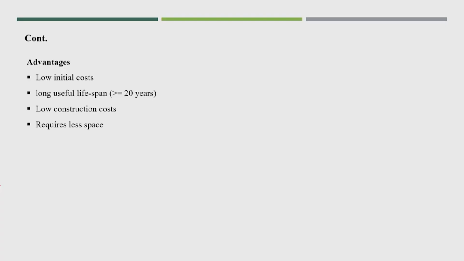So, what are the advantages of that? Low initial cost, long useful lifespan, this is also very important. It can work for more than 20 years, low construction cost and requires less space.